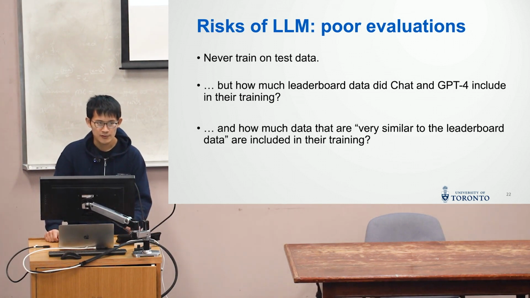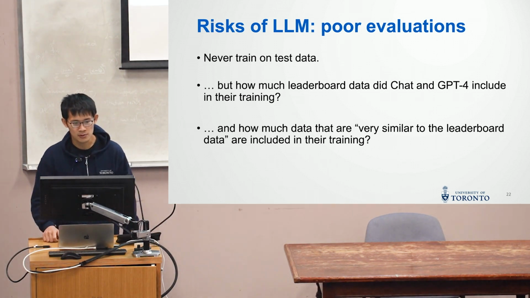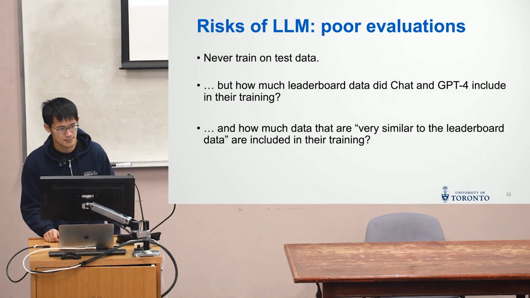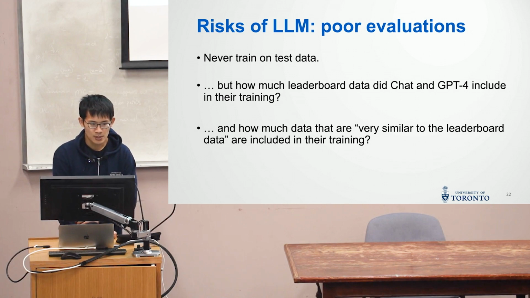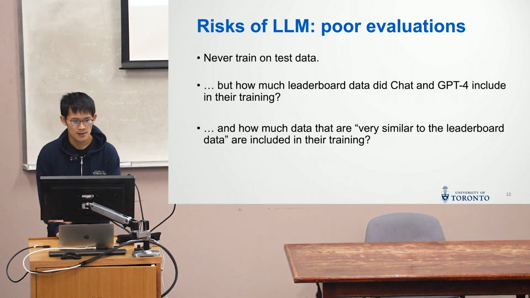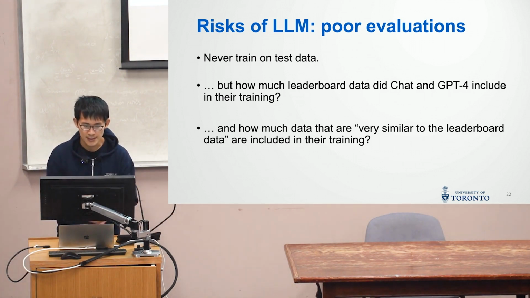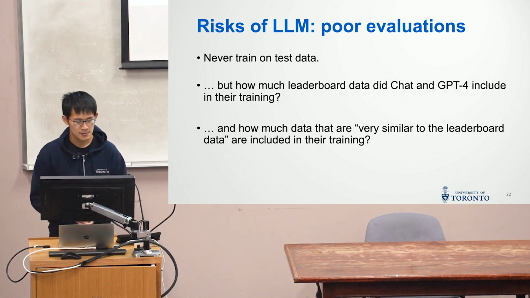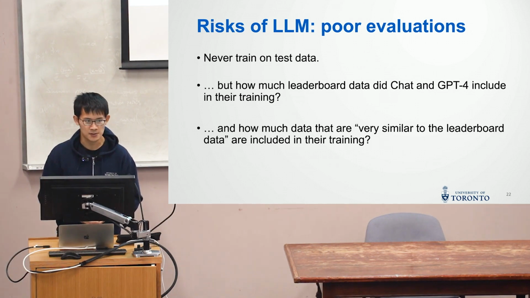So GPT-4's performance is a lot worse on the new exam data. They could also argue that the training data contains some data that are very similar to the leaderboard data, but not exactly the same. So this is still a problem that remains unsolved.